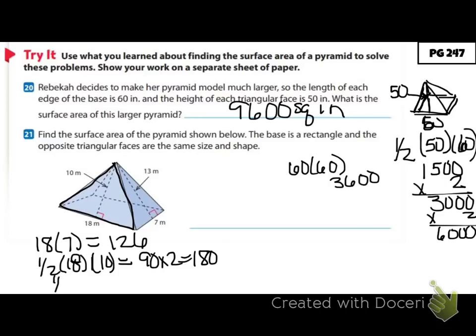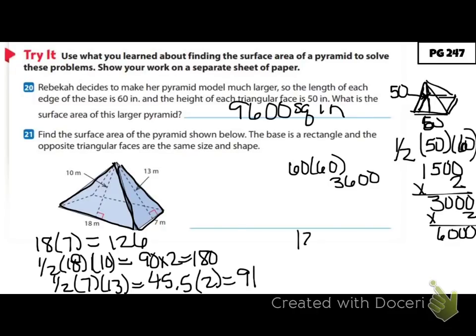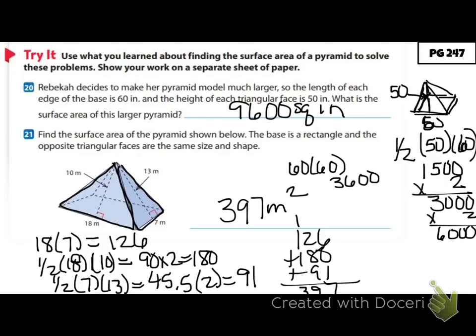And then we have our side triangle, which is 1/2 times 7 times 13, which gives us 45.5 times 2, which gives us 91. So then we would add those together, 126 plus 180 plus 91, and we get 397 meters squared.